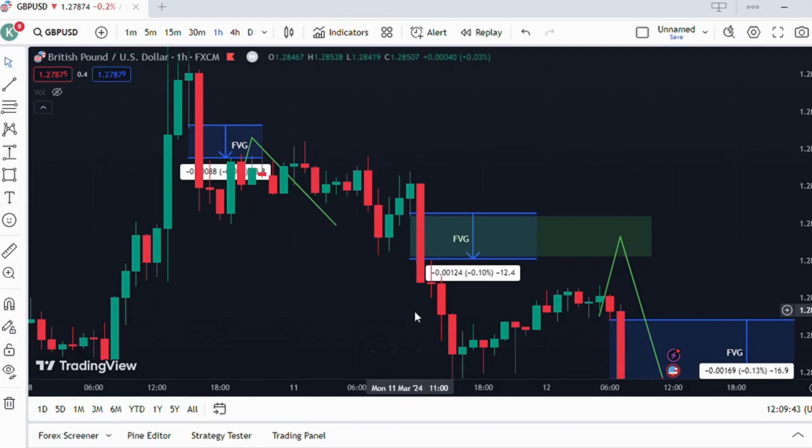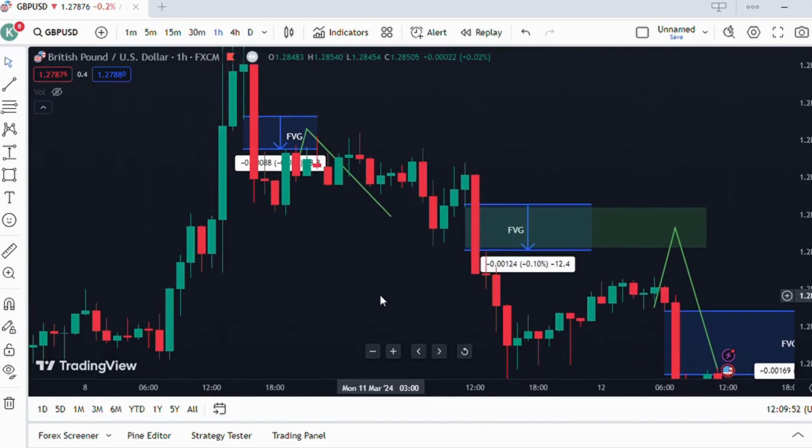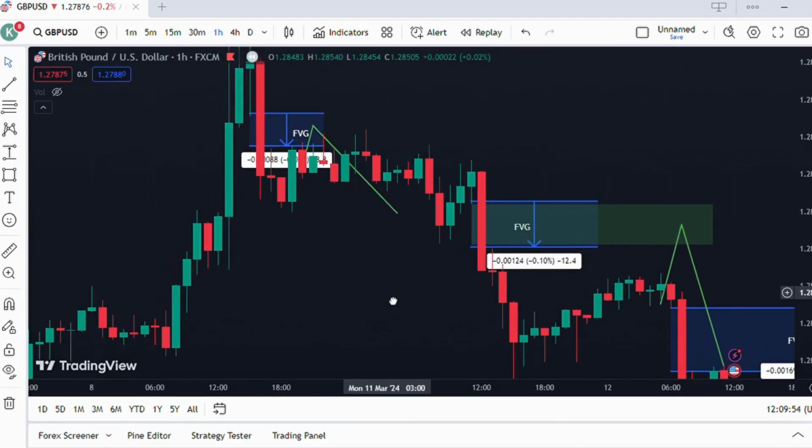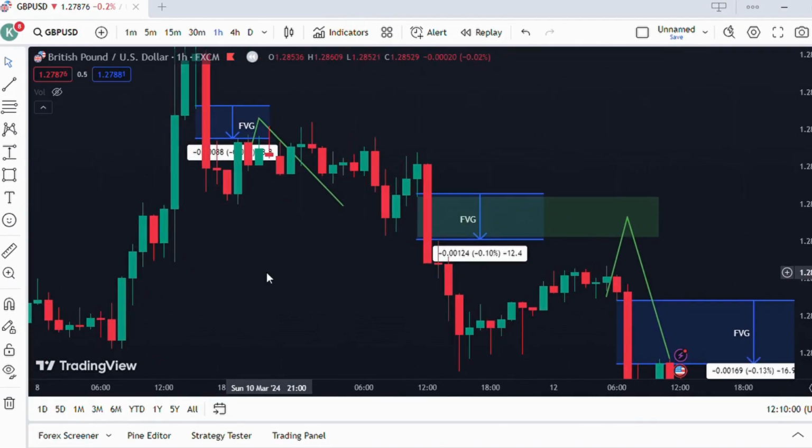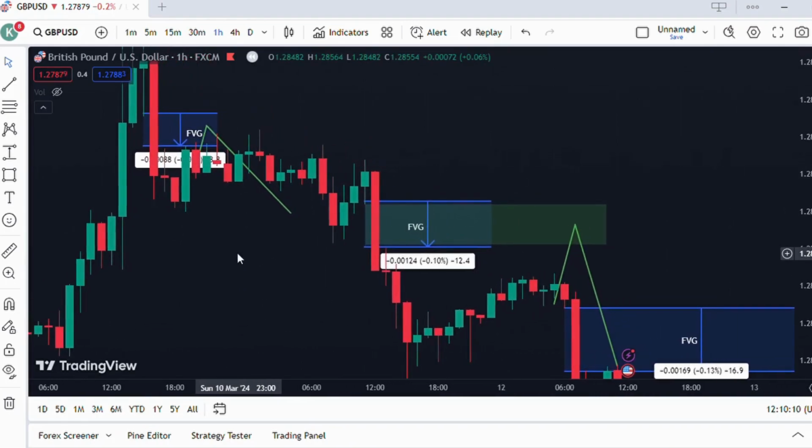Putting into cognizance the terminology of the fair value gap is key to a successful trading experience as a trader using the smart money concept. More information on this terminology will be discussed in detail in more of our incoming videos.